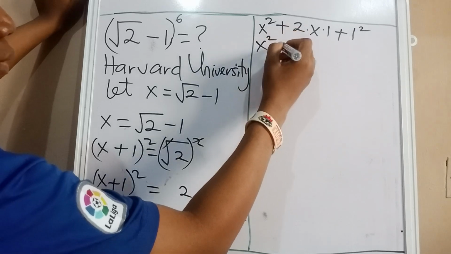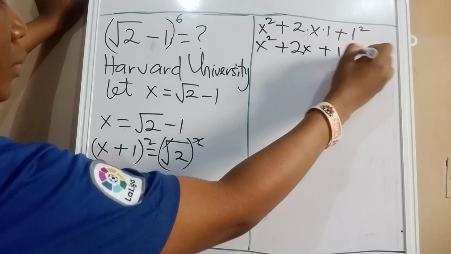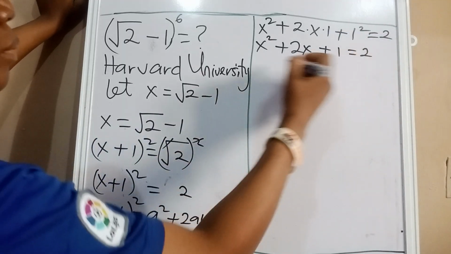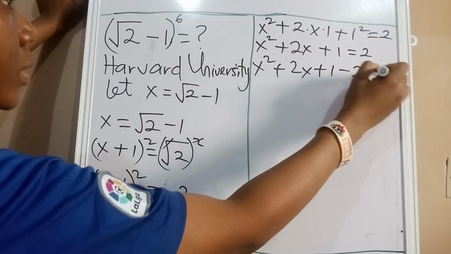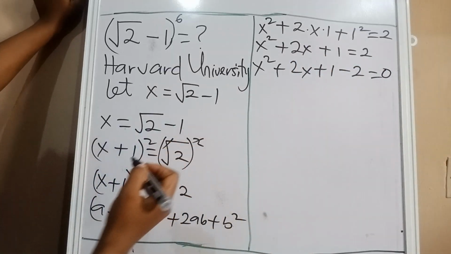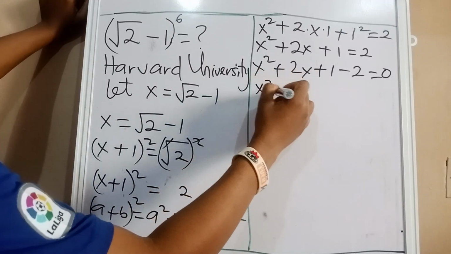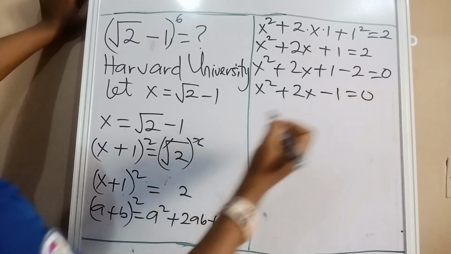This gives us x squared plus 2x plus 1 equals 2. Okay, remember the 2 here. So move this here, we have x squared plus 2x plus 1 minus 2 equals 0. Okay, and so we have x squared plus 2x minus 1 equals 0.